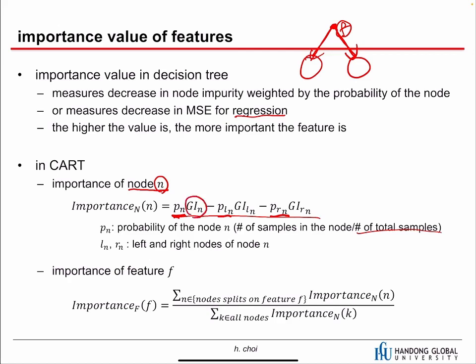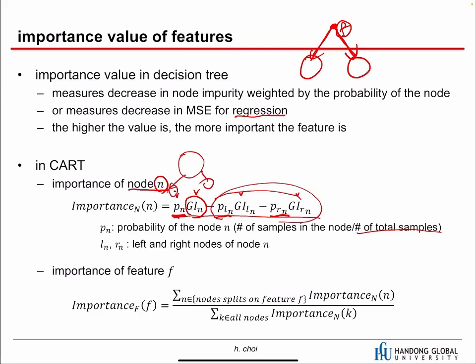And after splitting, we have Gini impurity in the left node and Gini impurity in the right node. And we calculate the weighted Gini impurity of the current node minus the left node's and right node's Gini impurity. And if this is high, then this node is important, because Gini impurity means this node, the current node, is dirty, and then these nodes are clean.